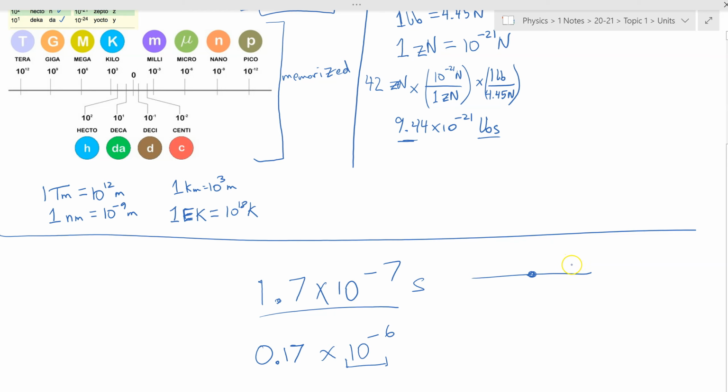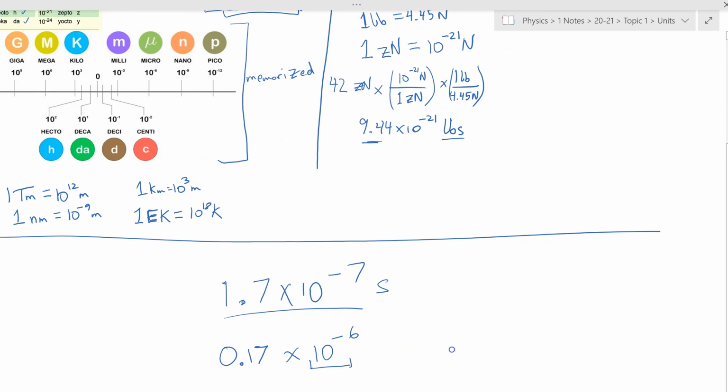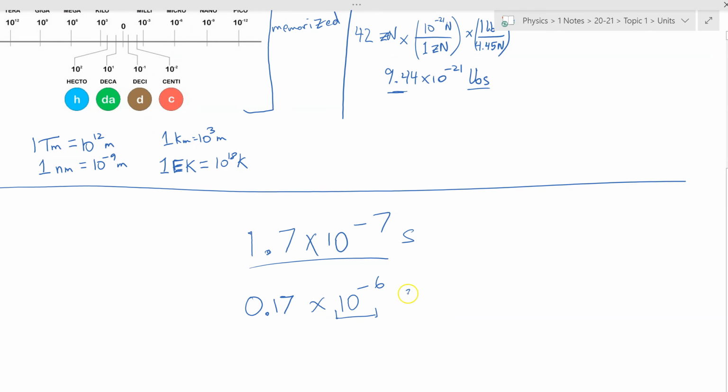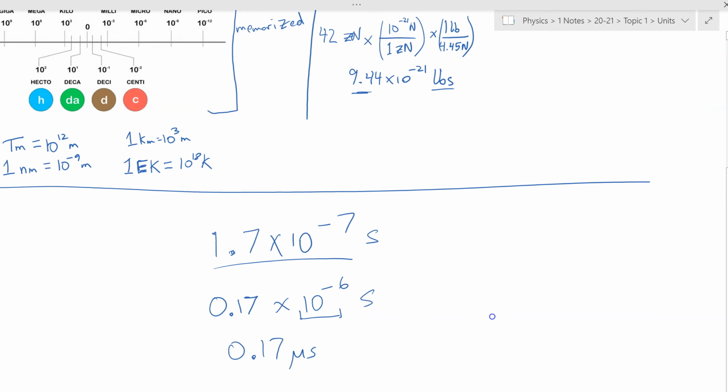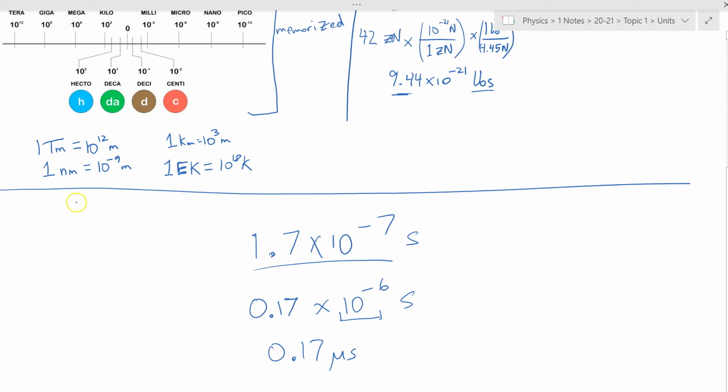Whatever you do to this, you've got to compensate over here so that the total value of the number doesn't change. And now that I wrote it like this, seconds, I could do 0.17 microseconds. So this is how to convert to a convenient prefix.